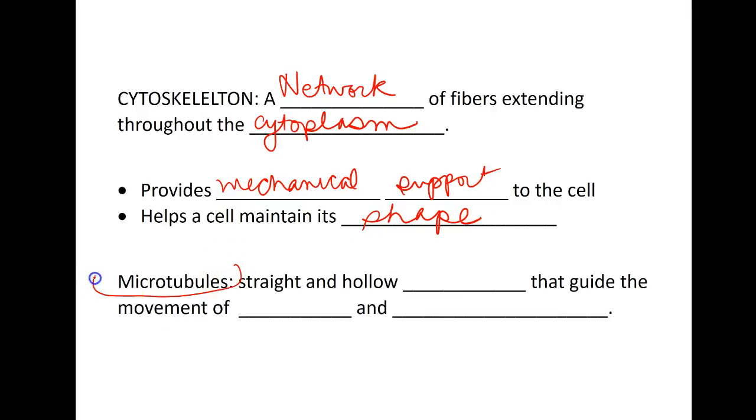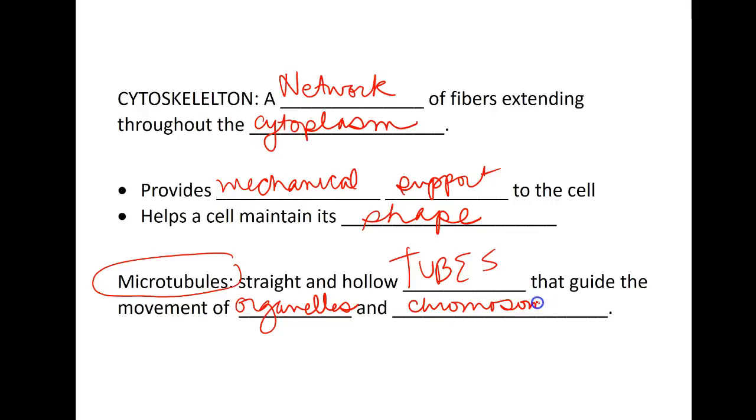How does it do it? It has these things called microtubules, straight and hollow tubes, makes sense, right? That guide the movement of organelles and chromosomes. If you need to stop the video to make sure you get these notes down, go ahead and do it, all right?